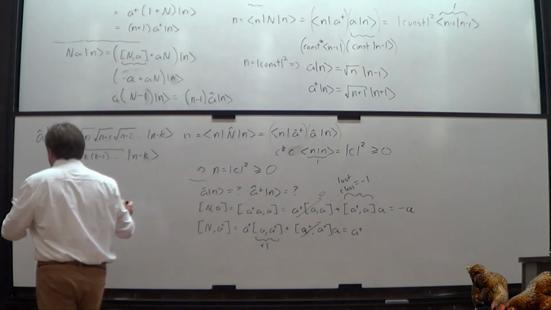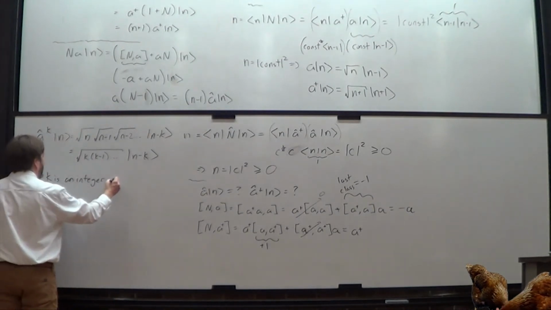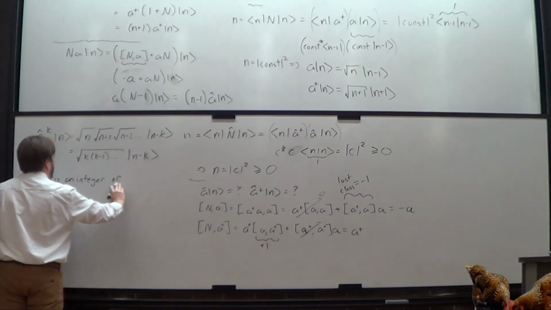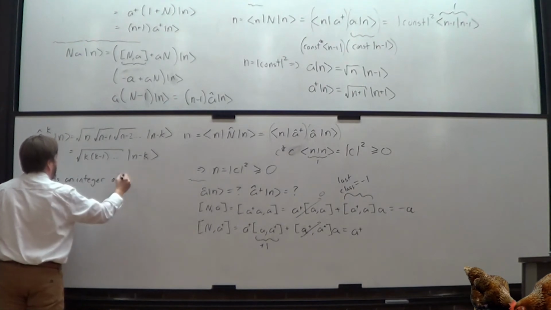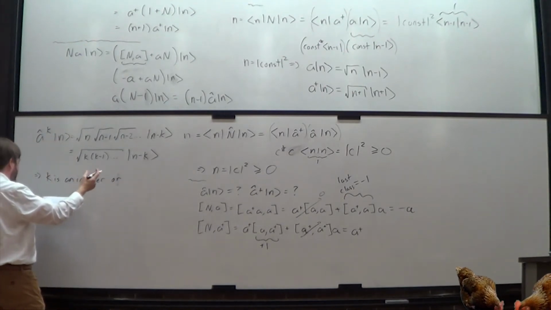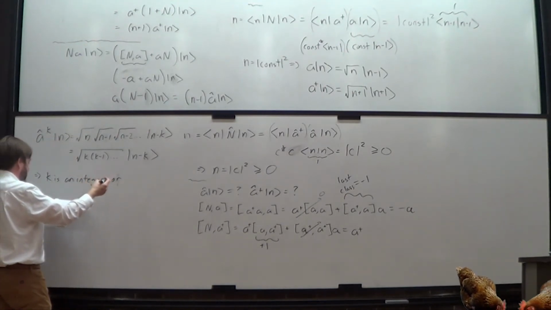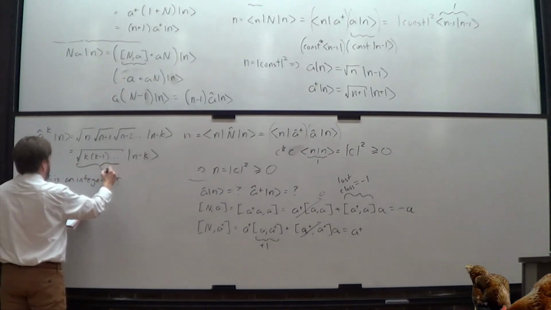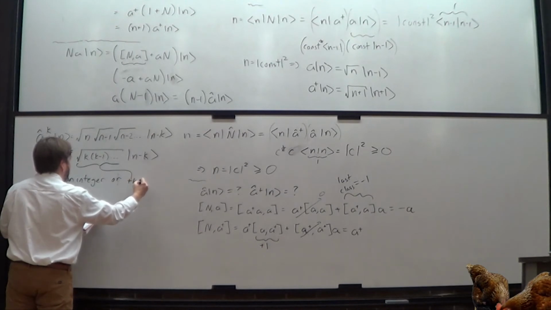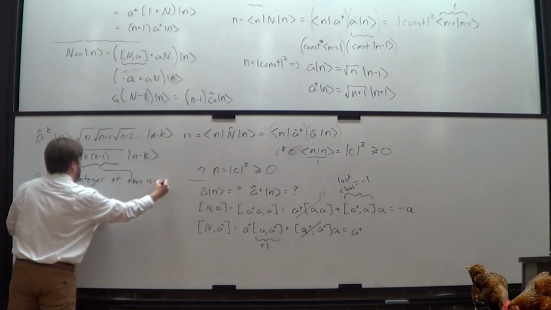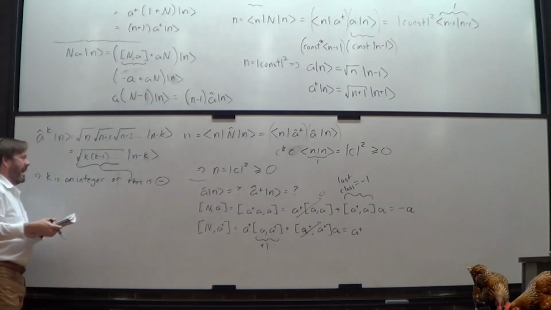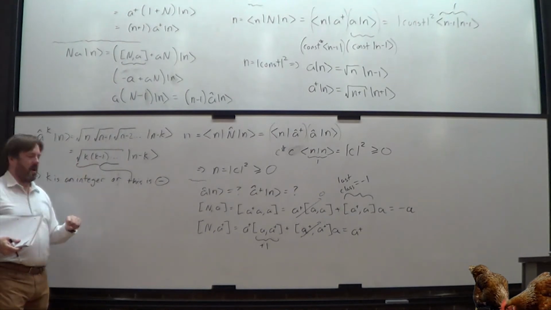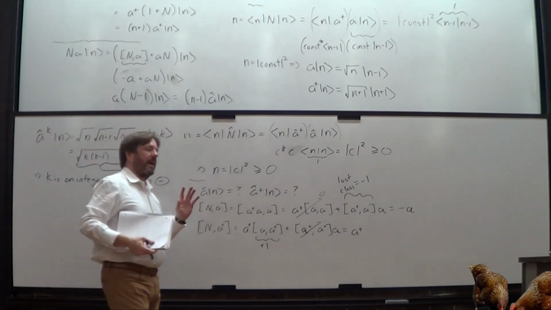So what happens is, if k or n is not an integer, this could be a negative number. Long story.